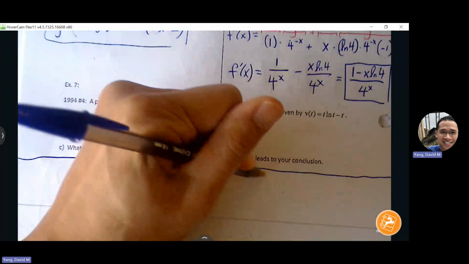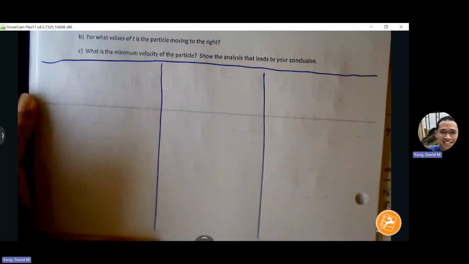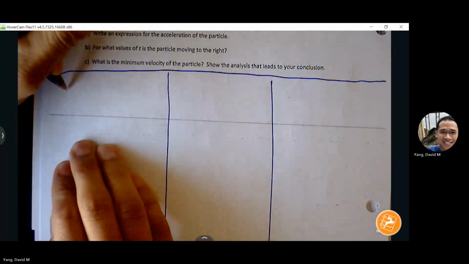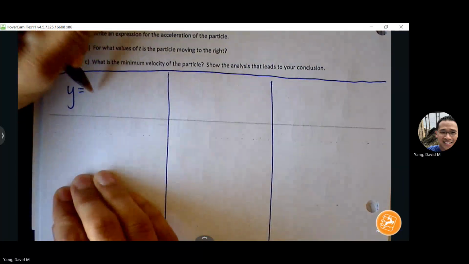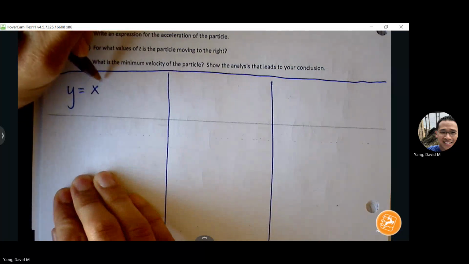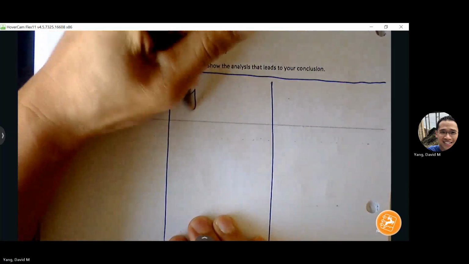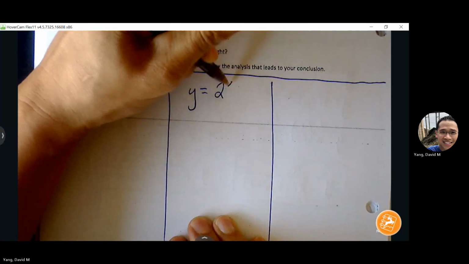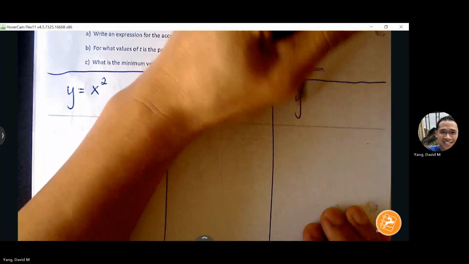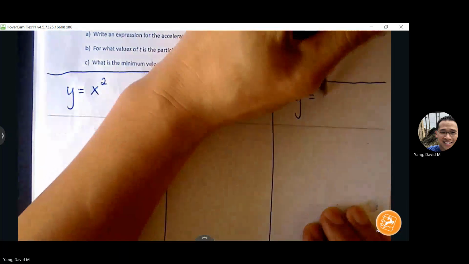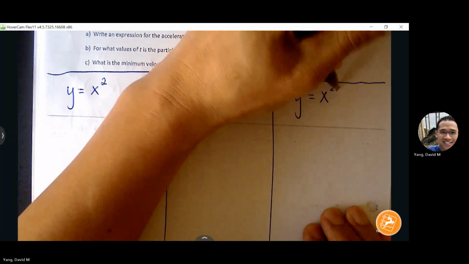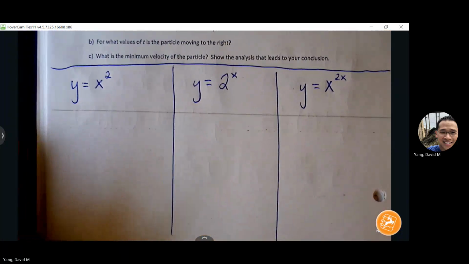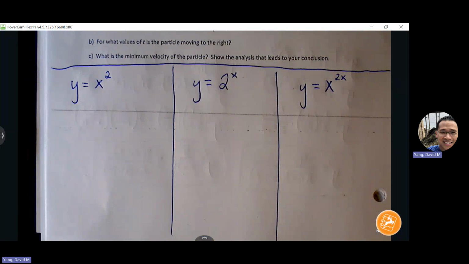So I want to split this up into 3 sections here.